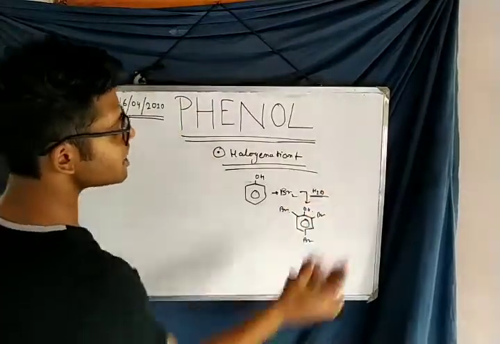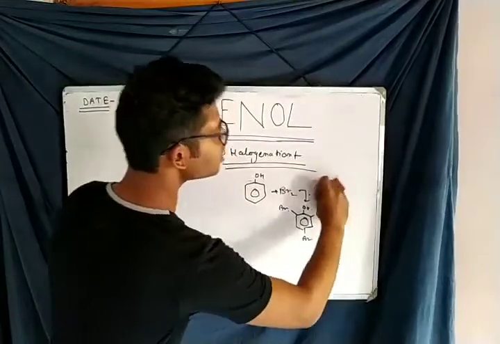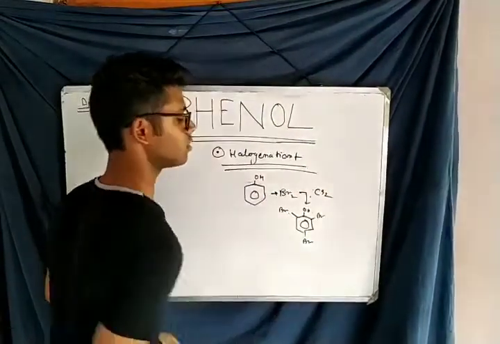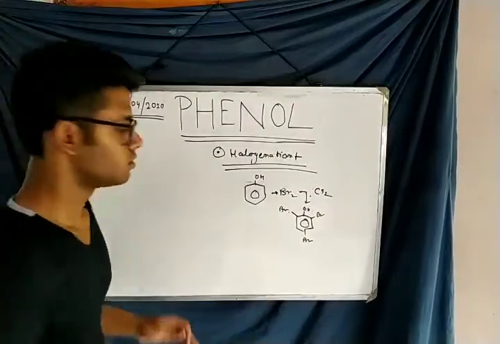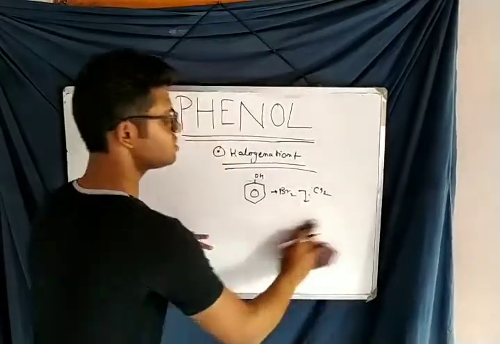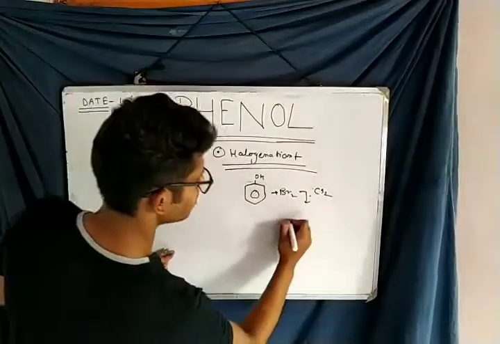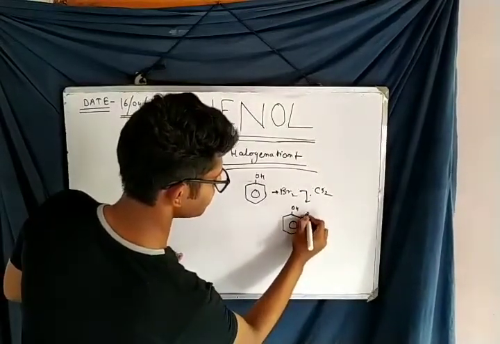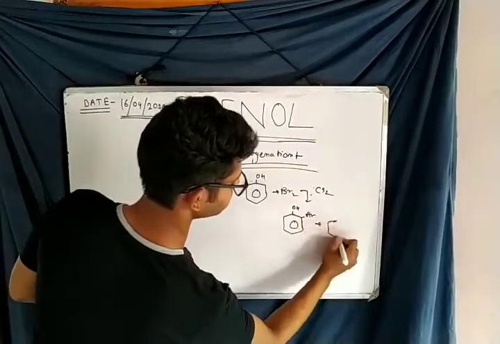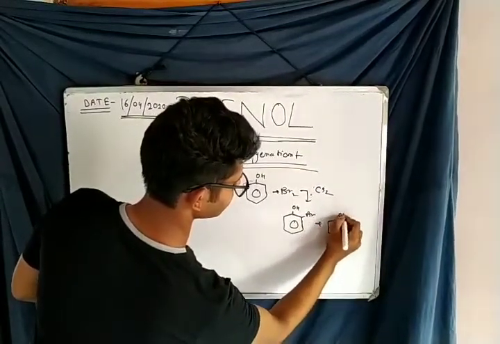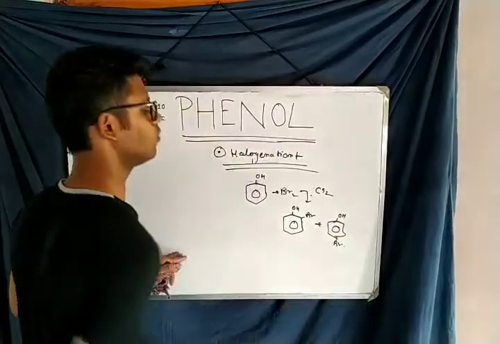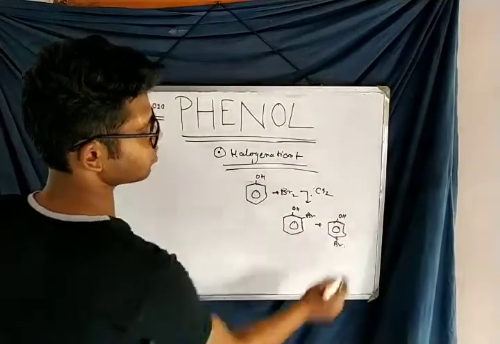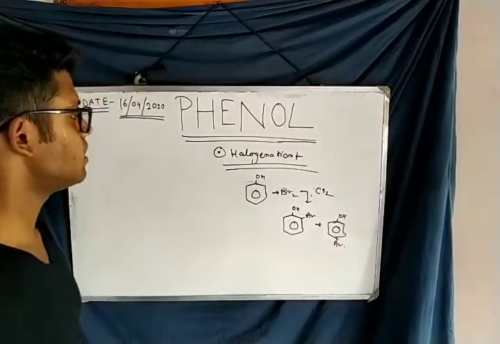Similarly, if we change the reagent, if instead of H2O we use CS2, the product will change. The first product will be OH with Br and another product will be OH with Br. In these two products, this is the major compound and this is the minor compound. Here exceptional cases occur in these reactions.